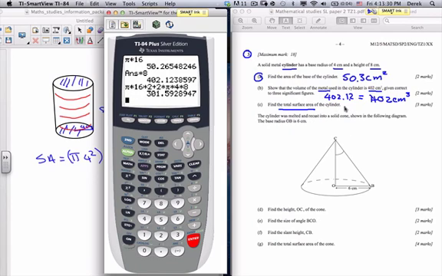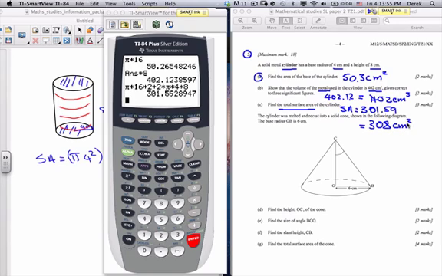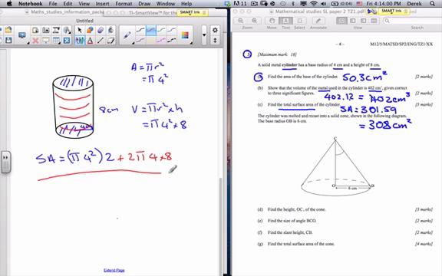So our surface area is going to equal 301.59, which I would then write as 302 centimeters squared. Now, it's very important that you show this working, so that you can see where this is coming from.